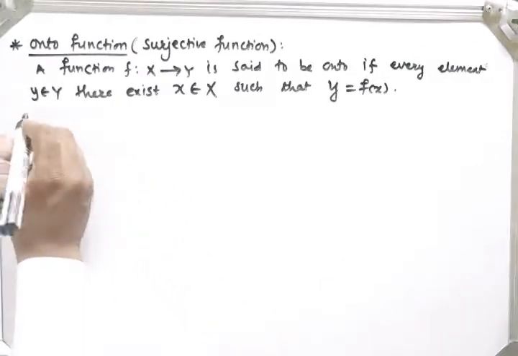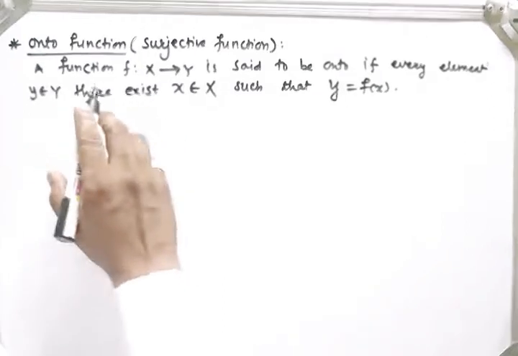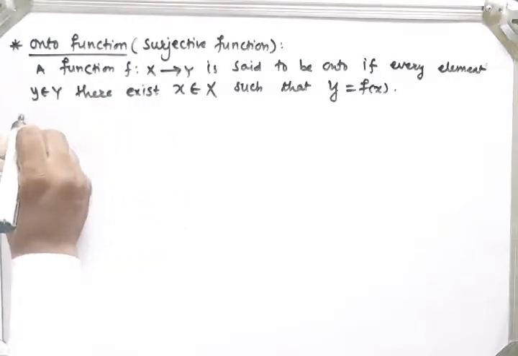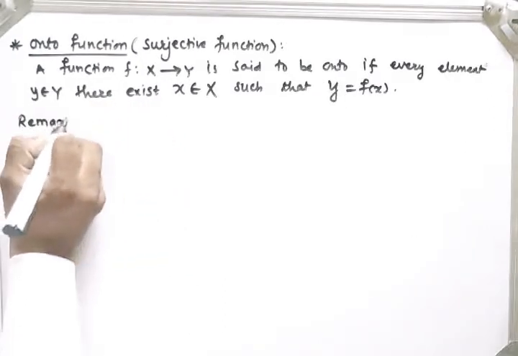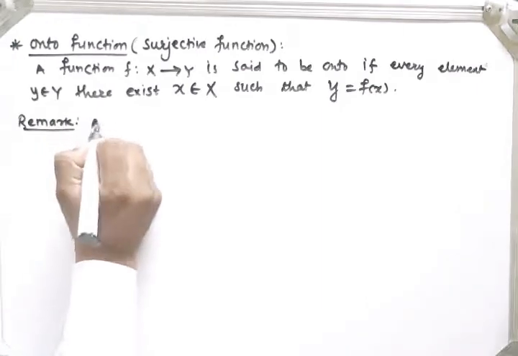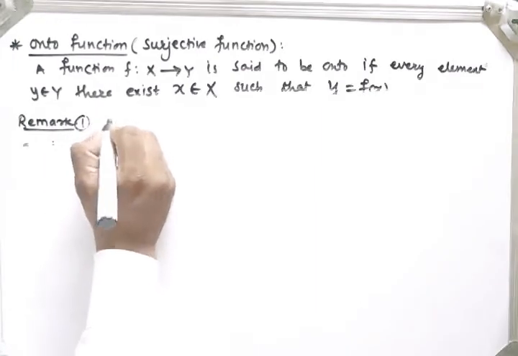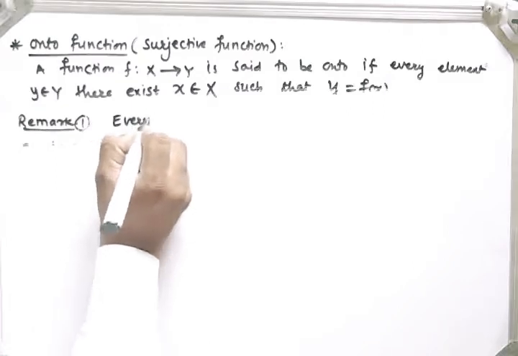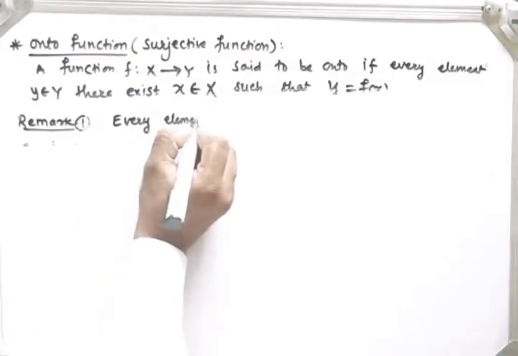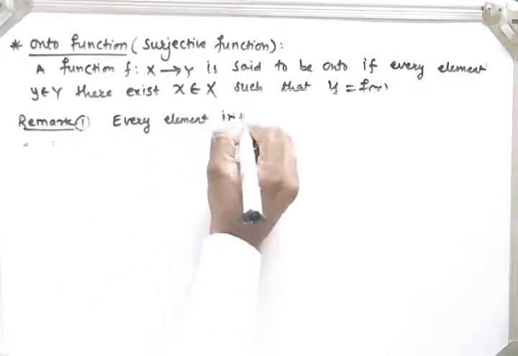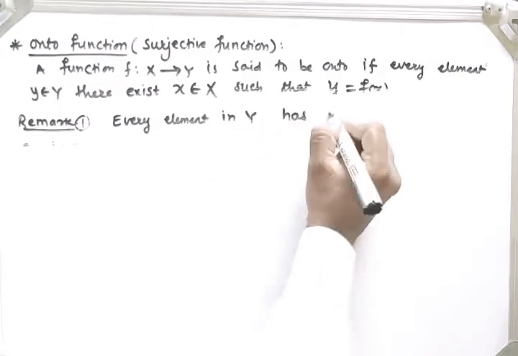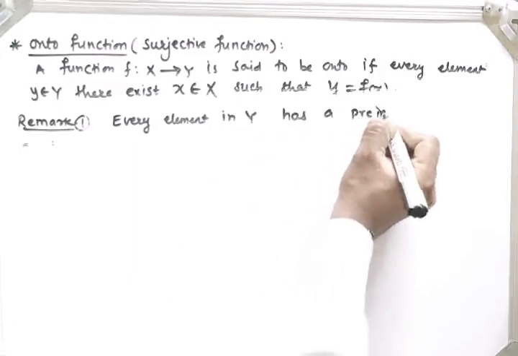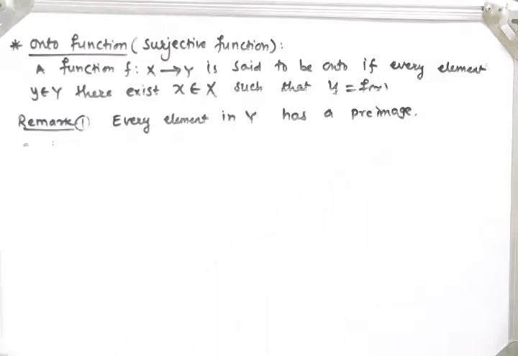So we will see remarks for a function to be onto. Remark: if every element in Y has a pre-image, then we say that function f from X to Y is onto.